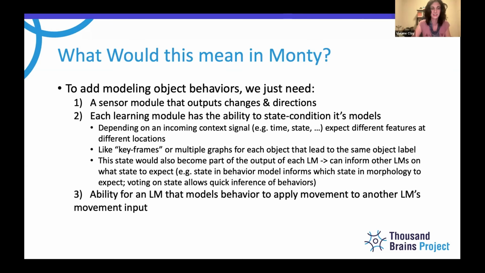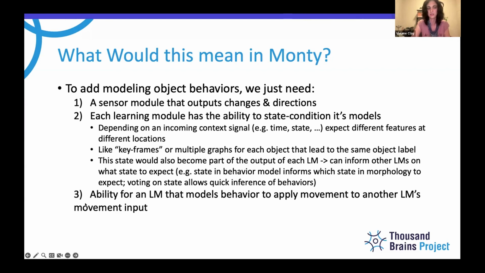Right. So yeah, I'm just saying, no matter how we implement behaviors, we need this. And basically, if I were to implement behaviors today in Monty, these would be the 3 steps I would take. Make a new sensor module, give learning modules the ability to state condition its models.